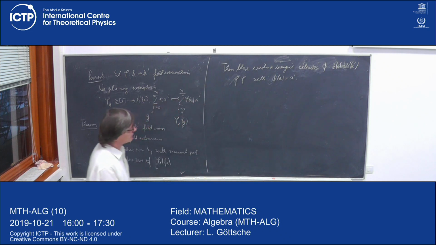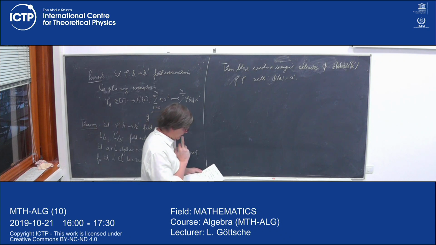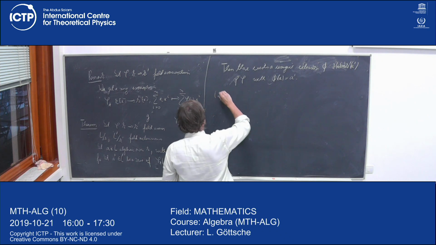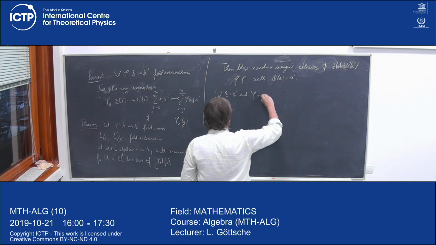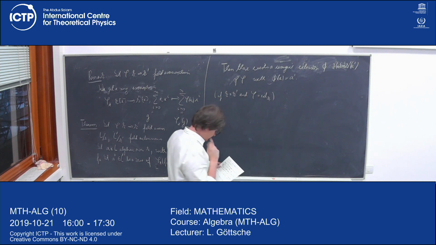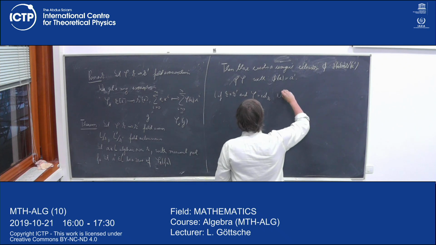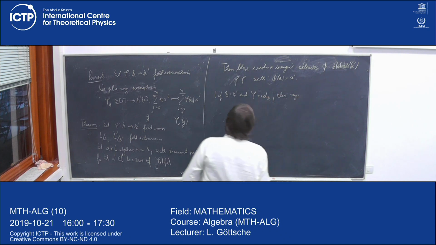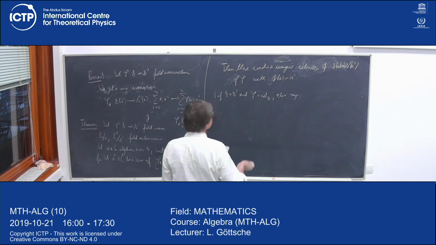So the most interesting case, as I said, was the case when k is equal to k prime and small phi is equal to the identity. So if k is equal to k prime and phi is equal to the identity of k, this says the following.